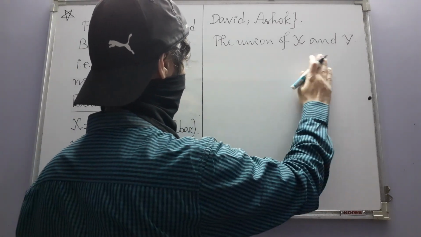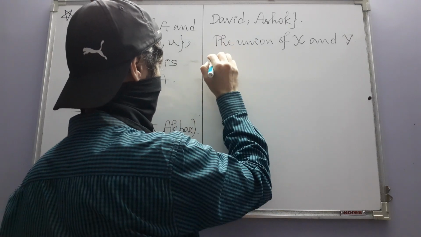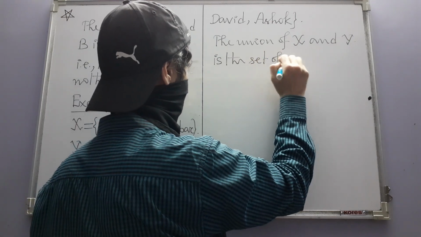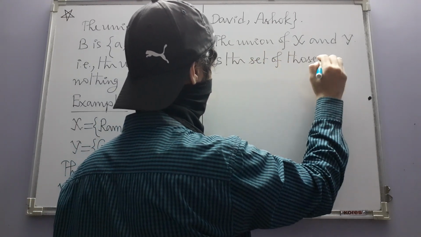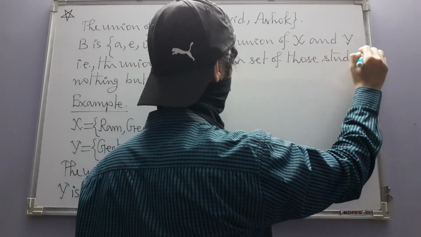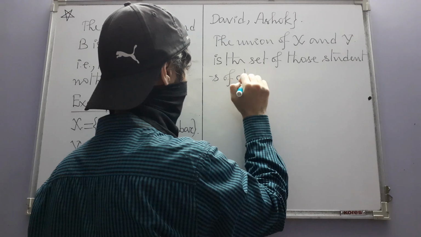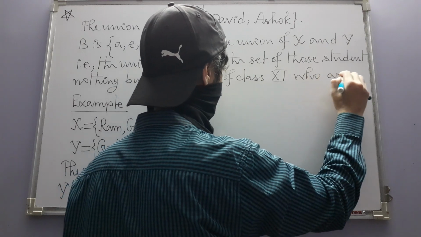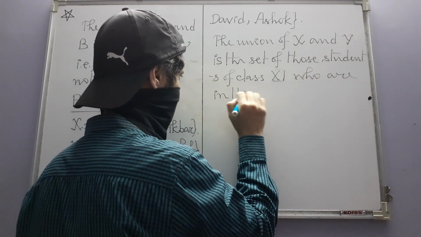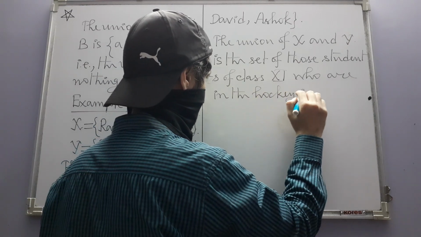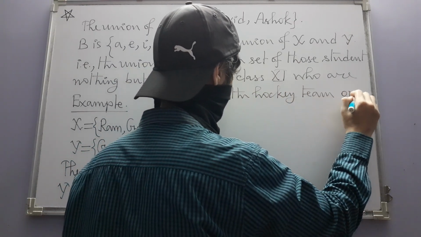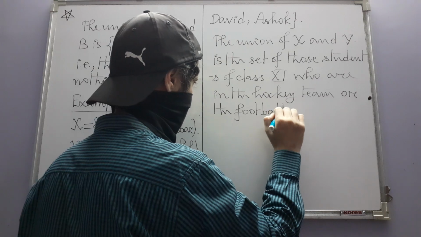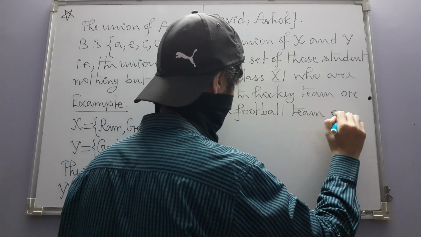Alright, so another way of looking at the union is this. The union of X and Y is the set of those students of class 11 who are in the hockey team or the football team or both.